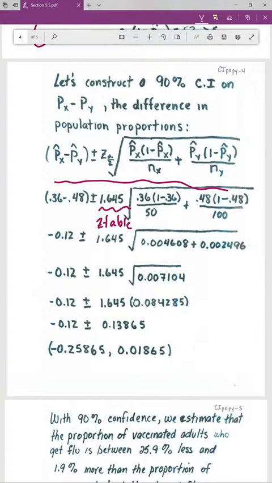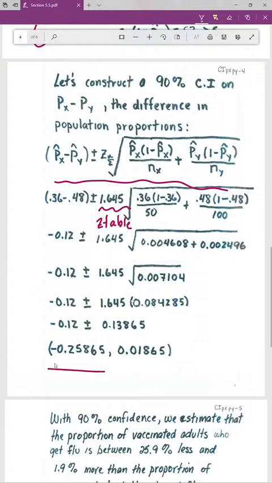By simplifying, we will get that 0.36 minus 0.48 is negative 0.12 plus or minus 1.645 times the square root of 0.004608 plus 0.002496.